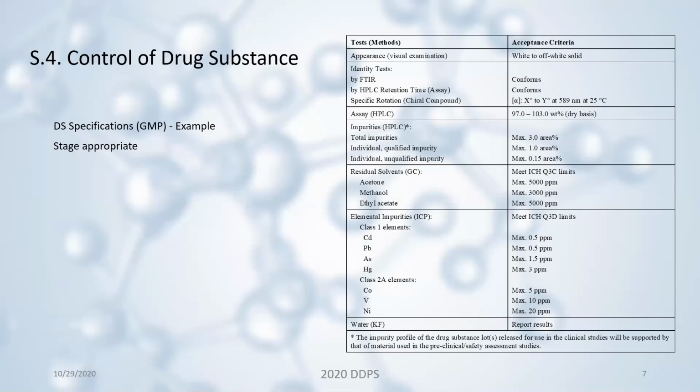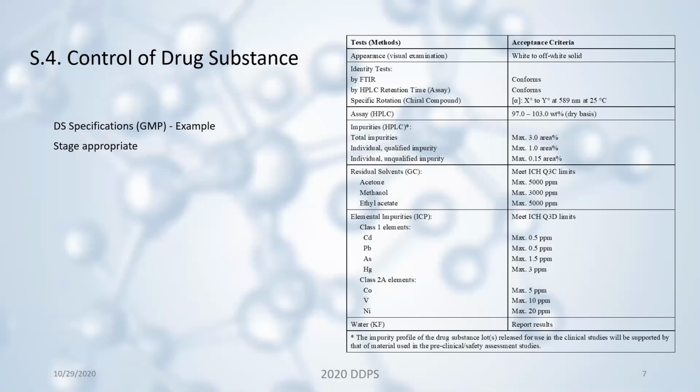Finally, chapter 4 is about the control of drug substance. This control really means regulatory control for your GMP or clinical batches. These are binding, so you need to demonstrate the methodology, validation of the methodology, as well as your batch quality that successfully meets the specification.